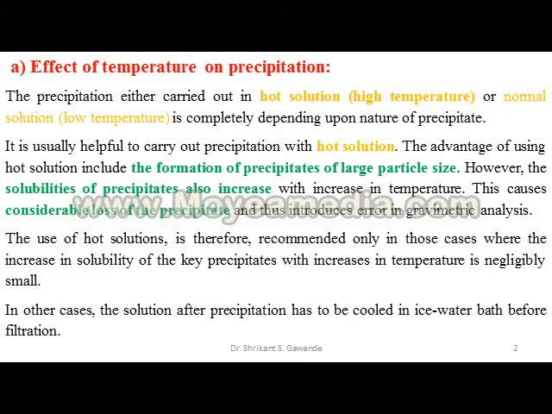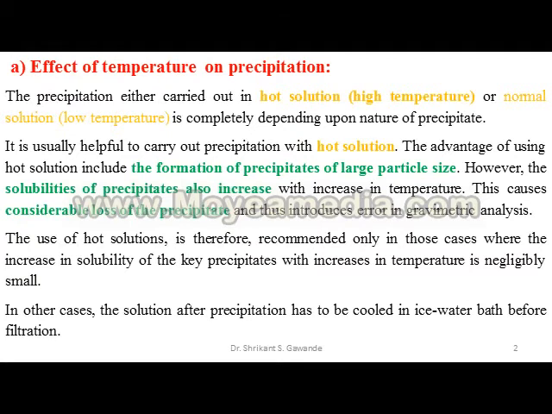The use of hot solutions is therefore recommended only in those cases where the increase in solubility of the key precipitate with increase in temperature is negligibly small.